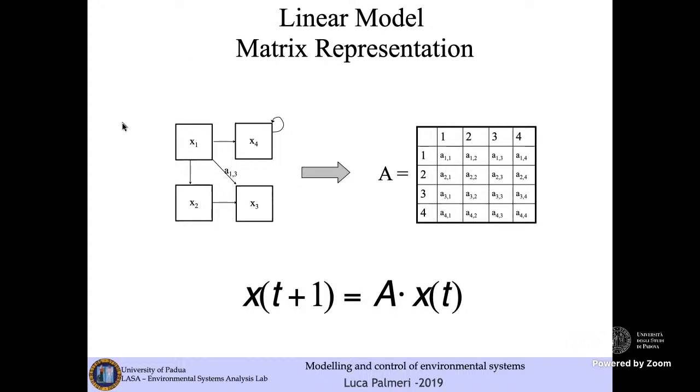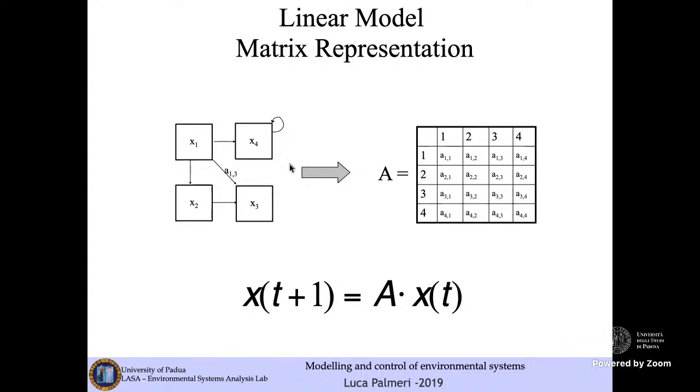So we may represent the interactions between the compartments by subdividing your environmental system into compartments. In this example, I have introduced 4 compartments. Each compartment is described by a state variable, so that x1, x2, x3, and x4 make up the state variable vector, describing the holistic or comprehensive state of the system.